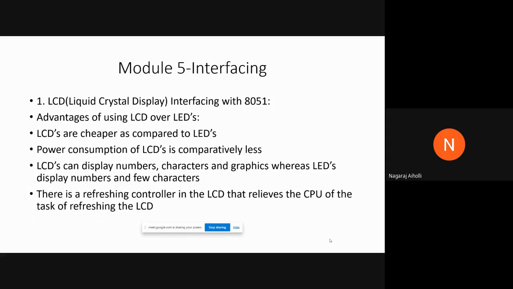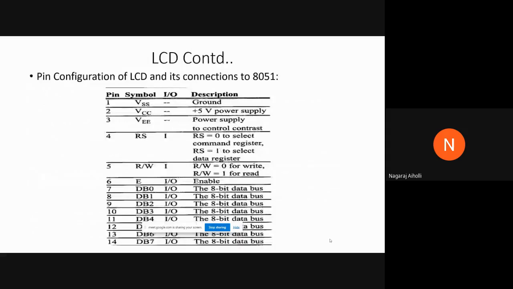Now coming to the pin configuration of the LCD, it is a 14-pin liquid crystal display. Pin number 1 is VSS, that is the ground pin. Pin number 2 is VCC, the plus 5 volts power supply. Pin number 3 is VEE, a power supply to control the contrast.